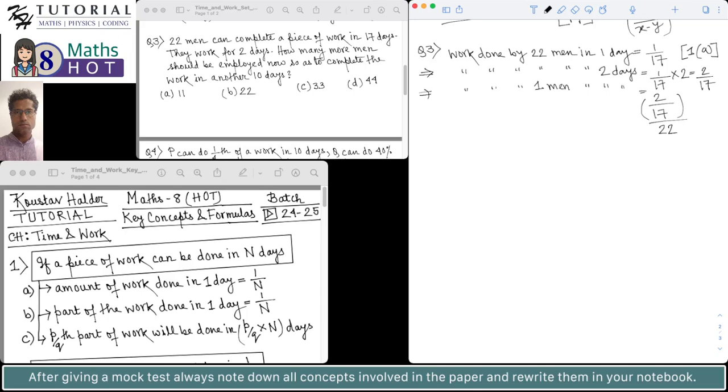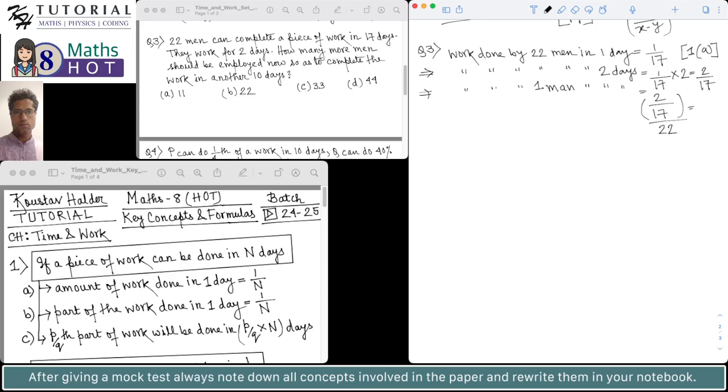The work done by 22 men in 2 days was 2 by 17, so work done by one man in 2 days will be 2 by 17 divided by 22.